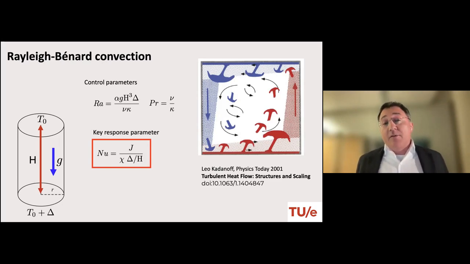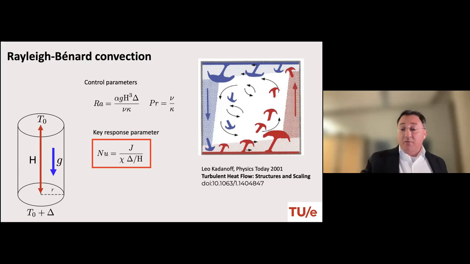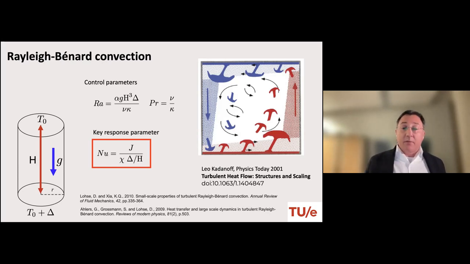If you are in a conductive situation, that is easy to estimate: it is just the temperature difference divided by H. And the Nusselt number is the dimensionless heat flux. So the actual heat flux that you have, for example, due to conduction or convection, divided by the purely conductive case. Now, some recent review on the topic.